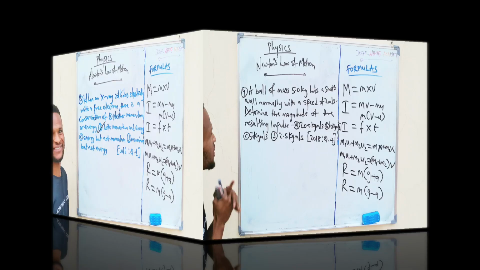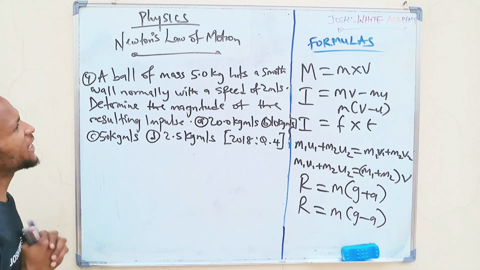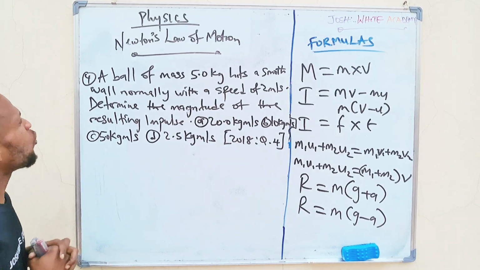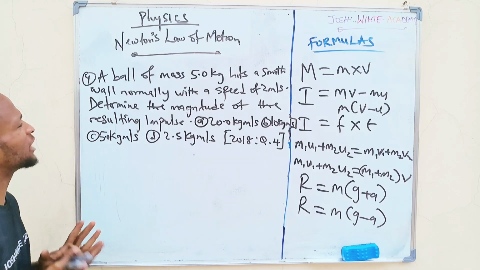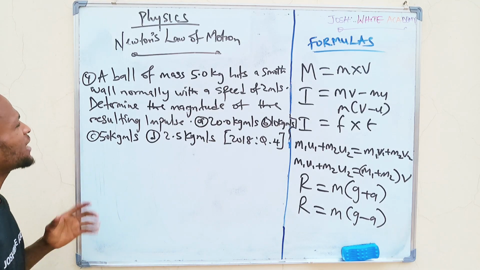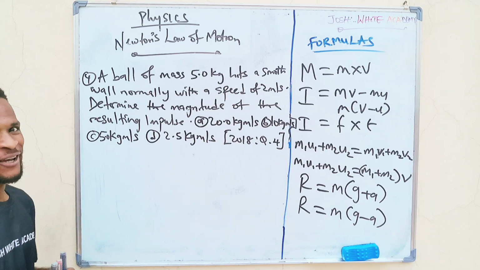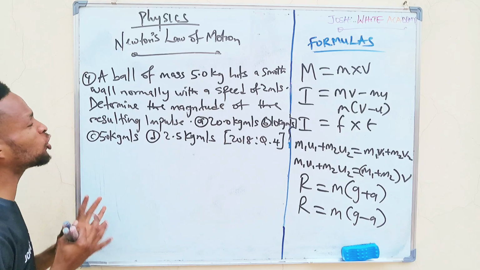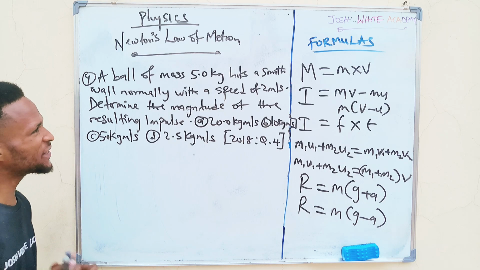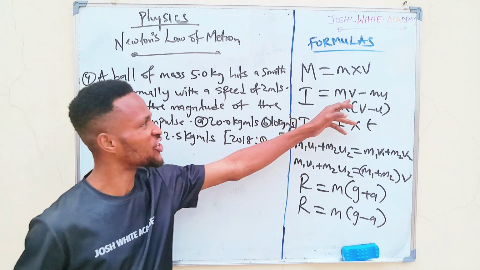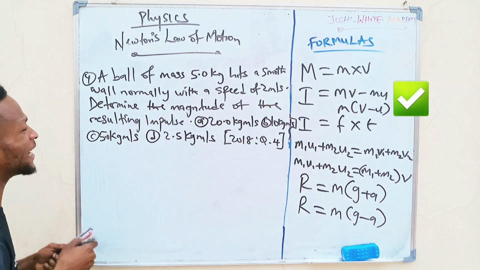To the next question. A ball of mass 5 kg hits a smooth wall normally with a speed of 2 meters per second. Determine the magnitude of the resulting impulse. So recall from our second Newton law of motion, our impulse is our change in momentum. So let's write down our data.